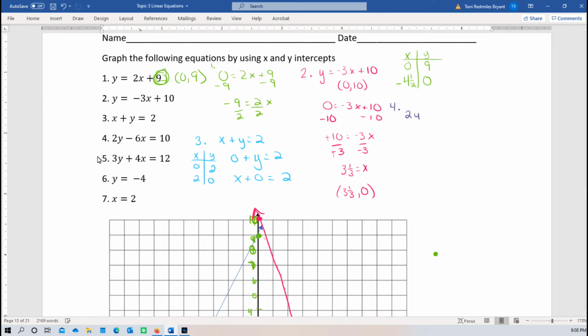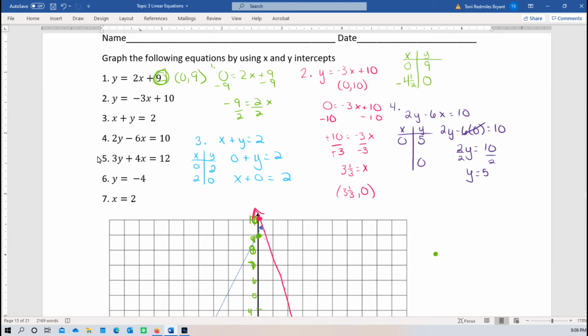So we have 2y minus 6x equals 10. And I got to put a 0 in for x and a 0 in for y. So let's do 0 in for x first. 6 times 0 is nothing. 2y equals 10. Got to divide both sides by 2. It's going to give me y equals 5.